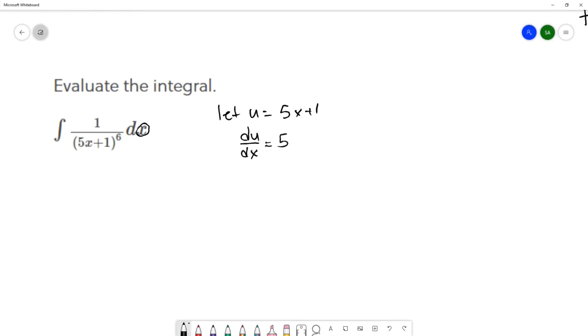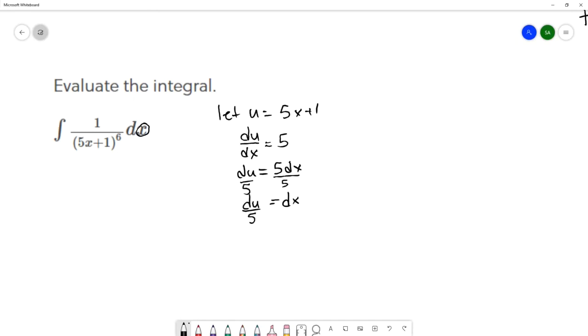So I'm going to solve for dx so that I can substitute in for that dx. And so I multiply both sides by dx and get du equals 5 dx, and divide both sides by 5. dx equals du over 5.